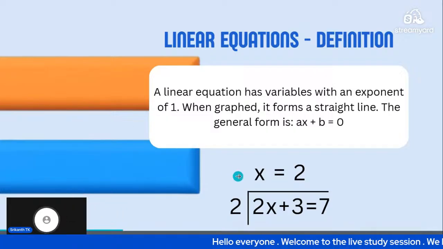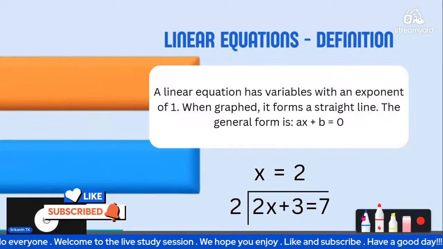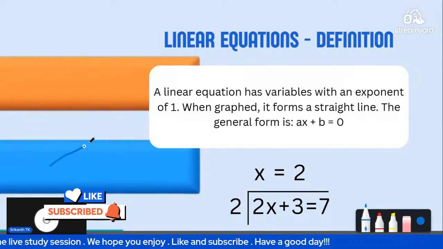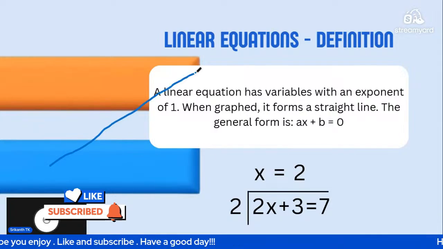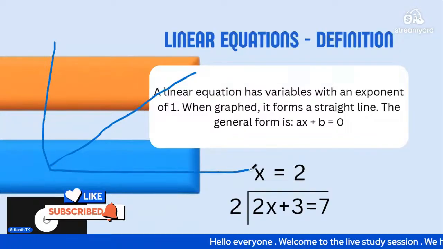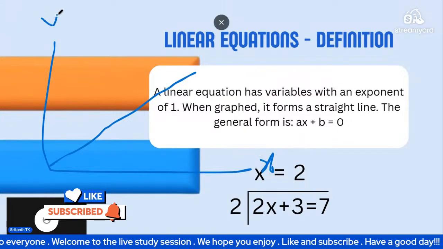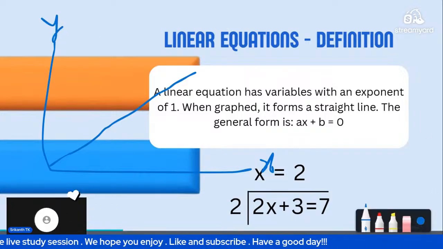So when I say straight line, I mean a literal straight line like this. Let me show you what I mean. By straight line, I mean literally like that on a graph.